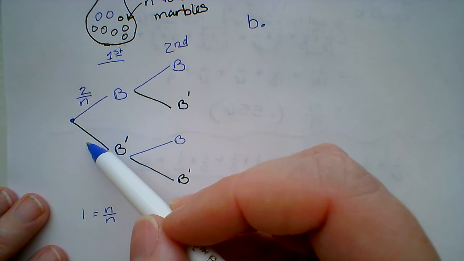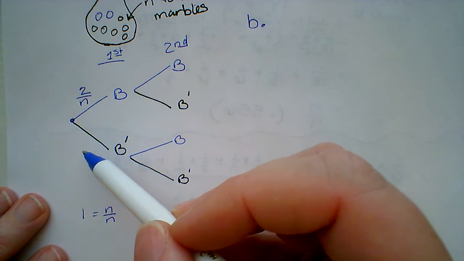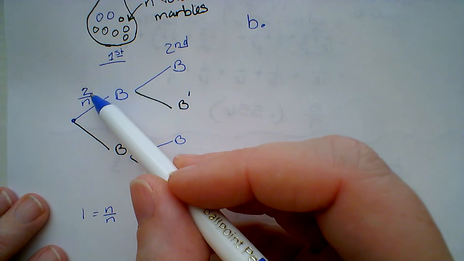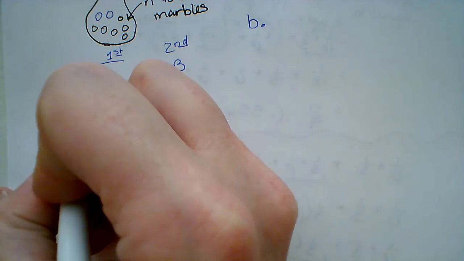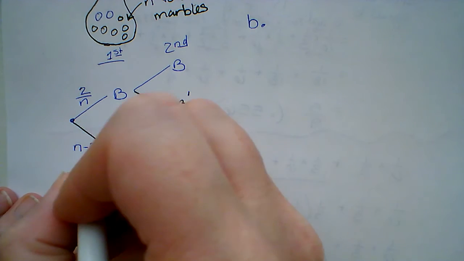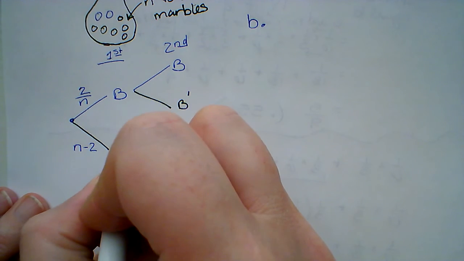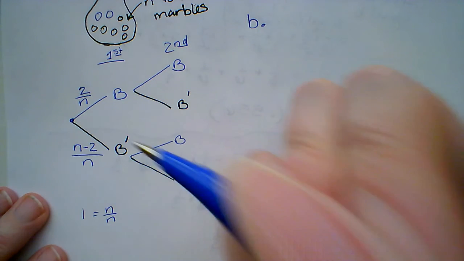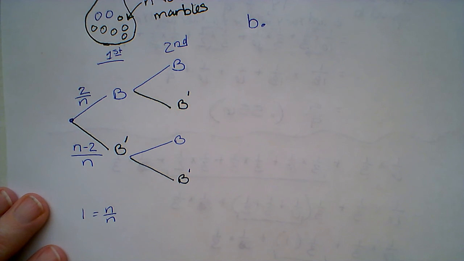Then how many were not blue? Well, 13. You go 15 minus 2. So it's the total number minus however many are blue. So if my total number is n, and 2 of them are blue, I take away those 2, and that gives me how many are not blue. And remember, I have n marbles in total.